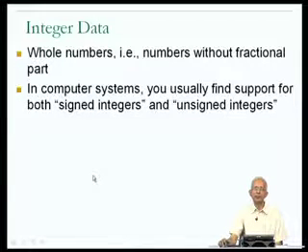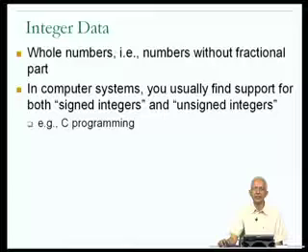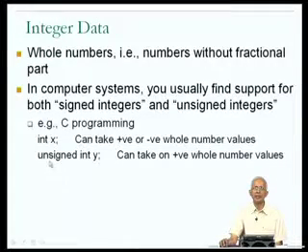Now, in computer systems today, you usually find support for both signed integers as well as unsigned integers, and you may be familiar with this idea. For example, those of you who have programmed in C may have come across this concept, the idea that I could declare a variable called x to be an integer, and a variable called y to be an unsigned integer, as in these two declarations, int x and unsigned int y.